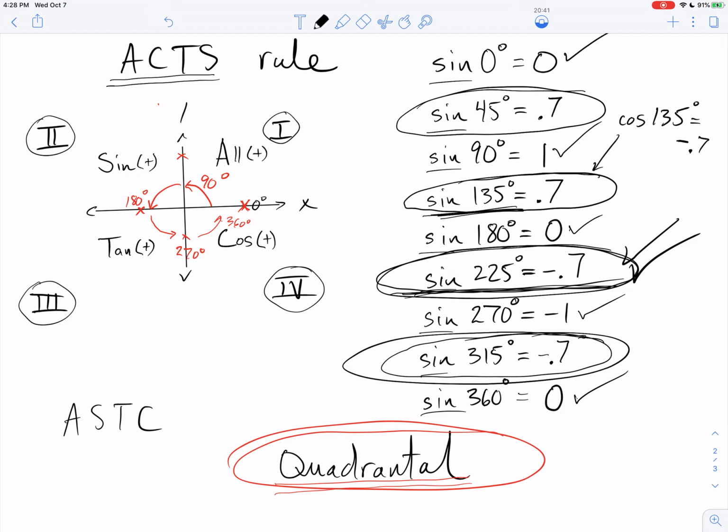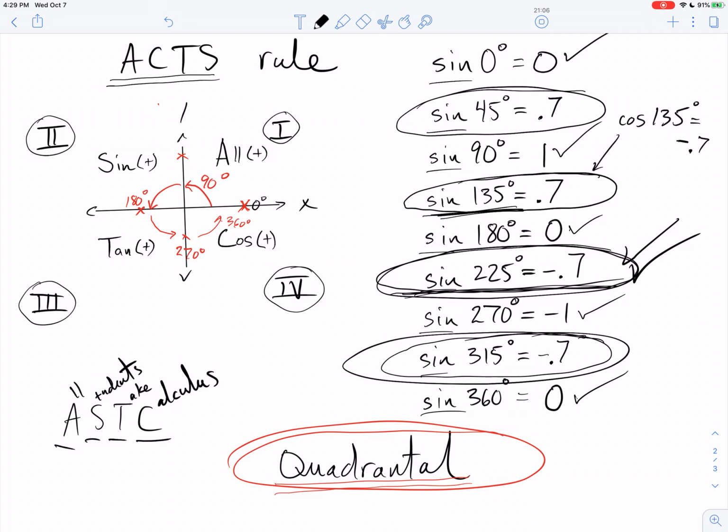That is the job of the ACTS rule. And once again, some people don't like to go clockwise. If you go counterclockwise, Miss Quigley says all students take calculus. That's how she teaches the ACTS rule.